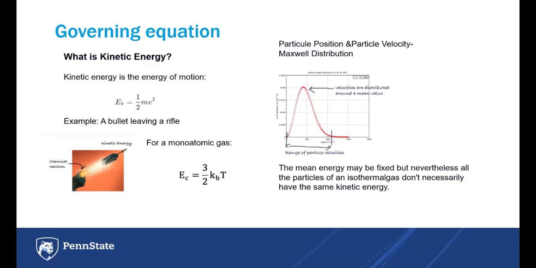Here it shows the particle position and the particle velocity distribution. The mean average may be fixed, but nevertheless, all particles of an isotropic mass don't necessarily have the same kinetic energy.